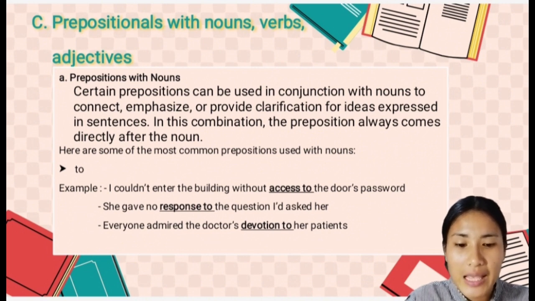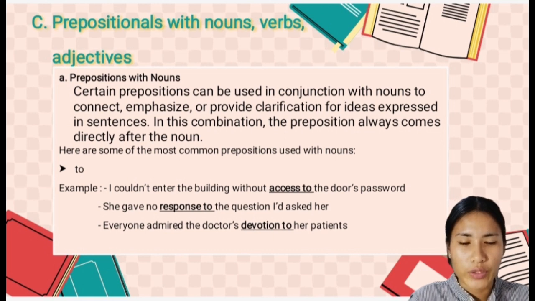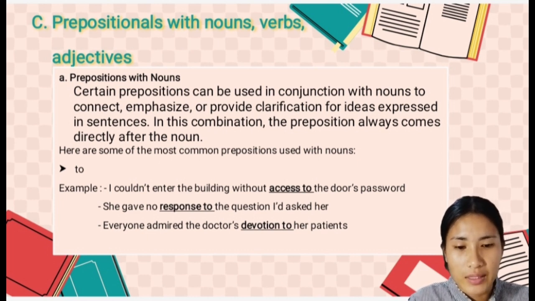So let's see the most common prepositions used with nouns. The first preposition is to. Let's see the examples. I couldn't enter the building without access to the door's password. And then she gave no response to the question I asked her.